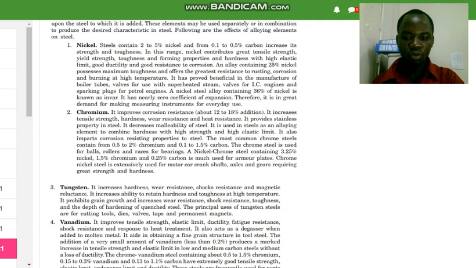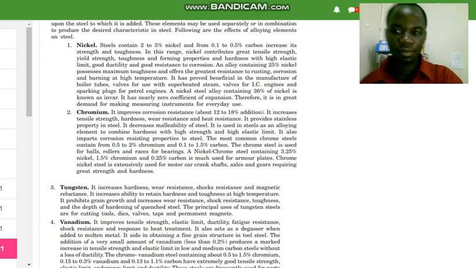It is much used for armor plates. Chrome nickel steel is extensively used for motor car crankshafts, axles, and gears requiring great strength and hardness.